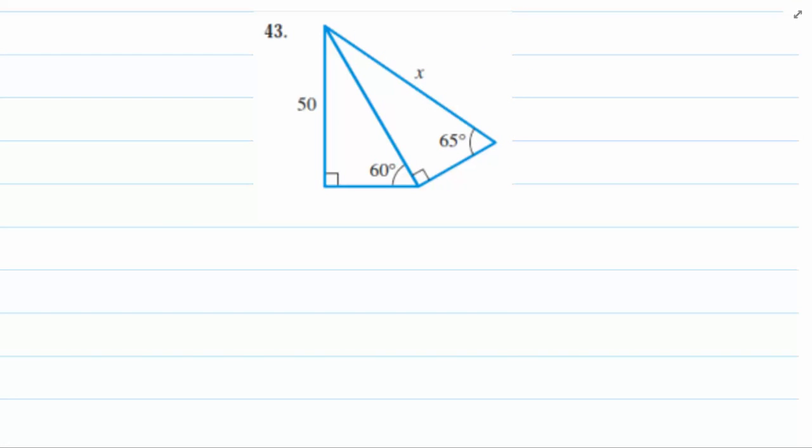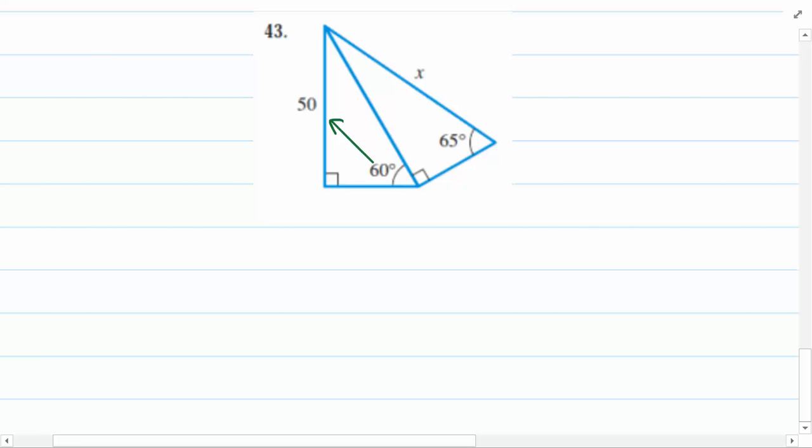I'll give you some pointers here and let you work on this one on your own. We have an unknown side length x here that needs to be solved. We need to find x, but we have a right triangle in this position here with an angle measure, and an opposite side.